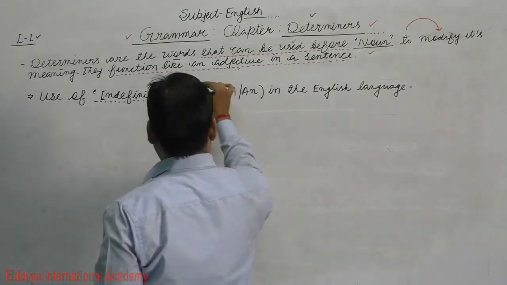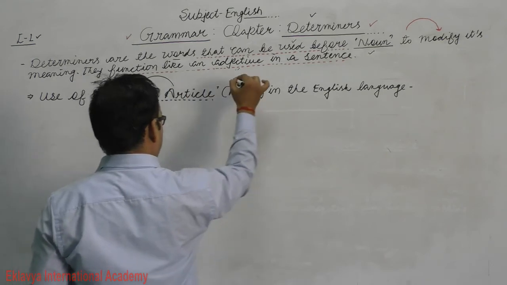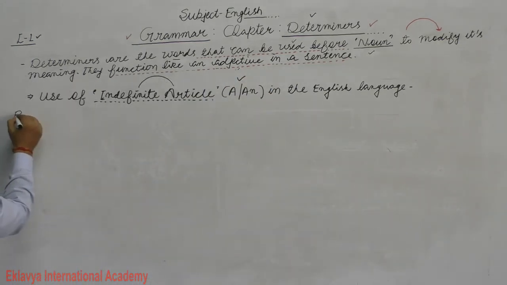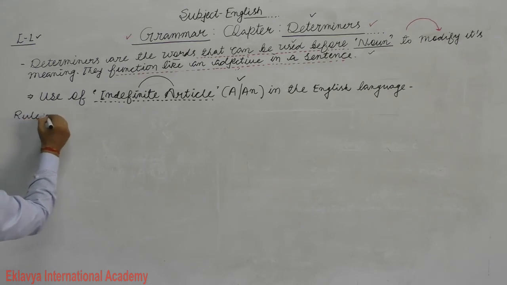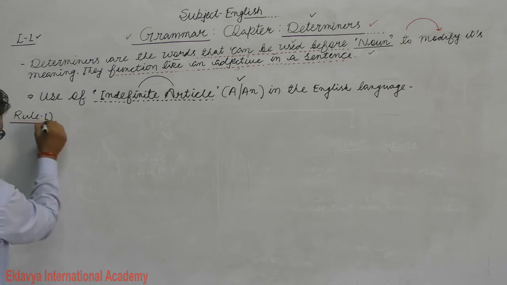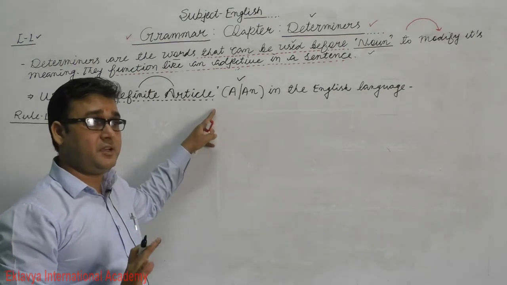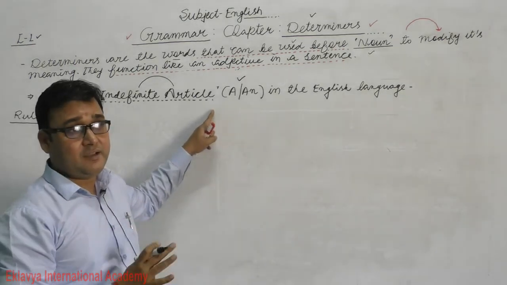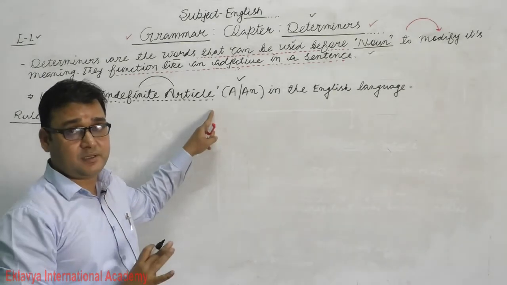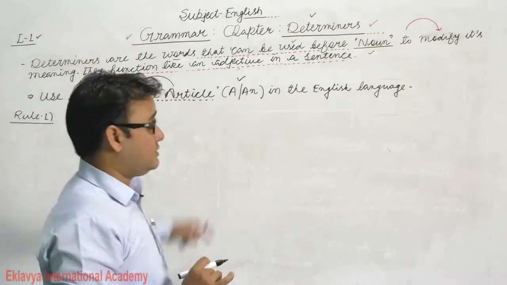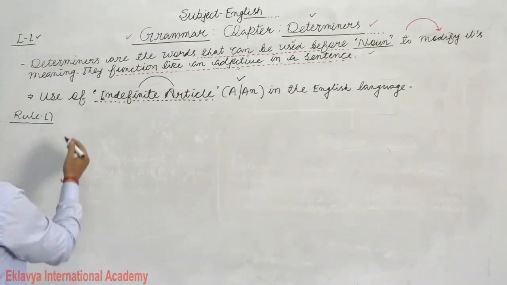Rule number first. We'll have 10 to 11 rules to use of indefinite one. Don't forget that right now I have just started. It was only about the introduction of your determiners. We'll have at least 15 to 17 pages of this chapter. It's a matter of your 12, 13, 15 pages of your chapter. So let's say now rule number first.